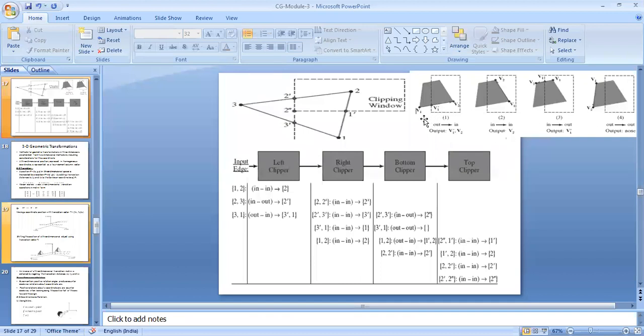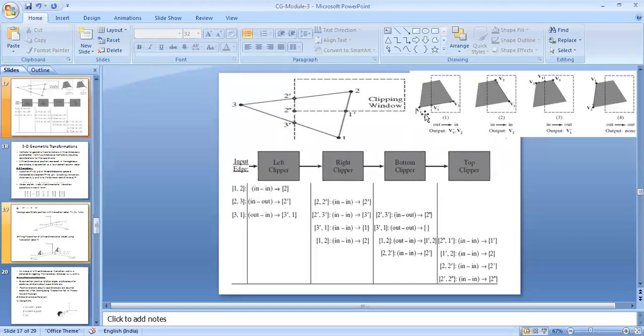From this diagram you can easily see here, v1 is this, v2 is this, and the intersection point of v1 and v2 with this clipping window, I call v1 dash. That means if v1 is this and v2 is this, my edge is moving from outside of the clipping window to the inside of the clipping window.